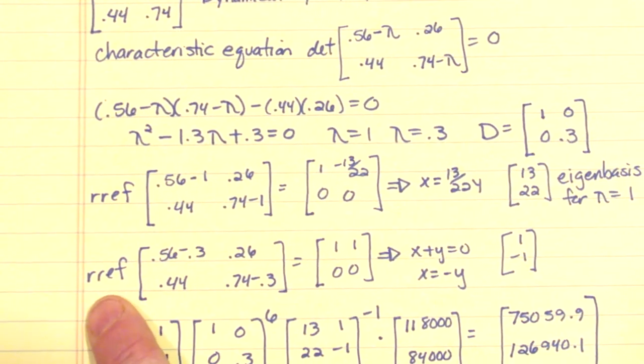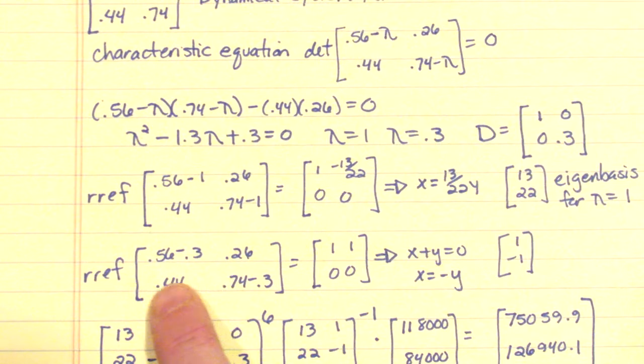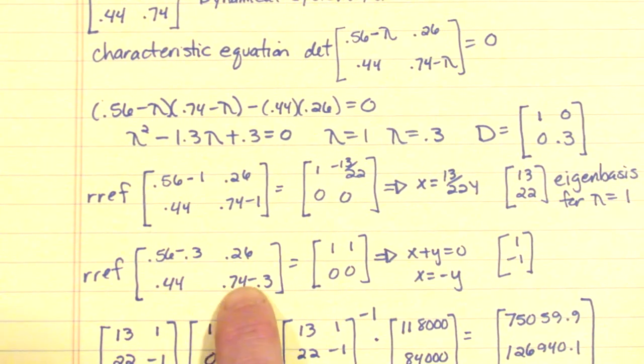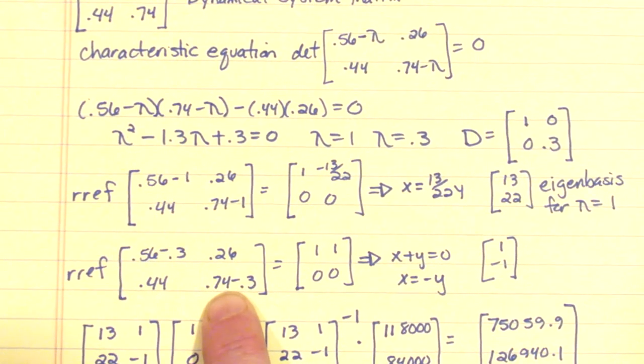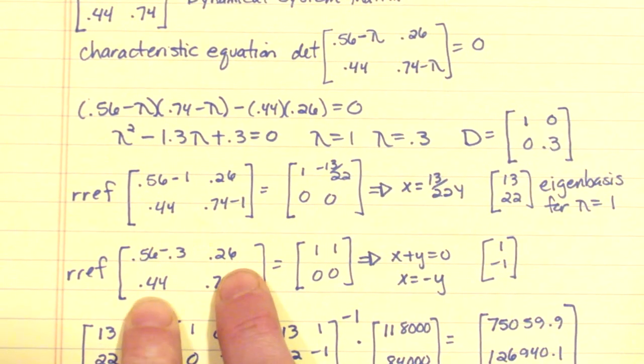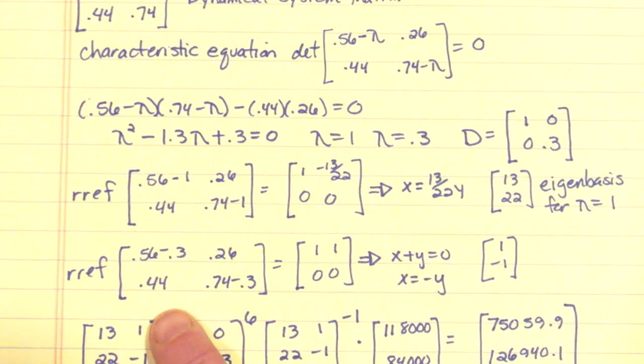And then we'll do the same for the 0.3. You take the diagonal and subtract 0.3. Again, the theory behind this is in the earlier videos about eigenvalues and characteristic matrices and the diagonal matrix. If you went through those videos, you'd see the background information about why we're doing what we're doing.